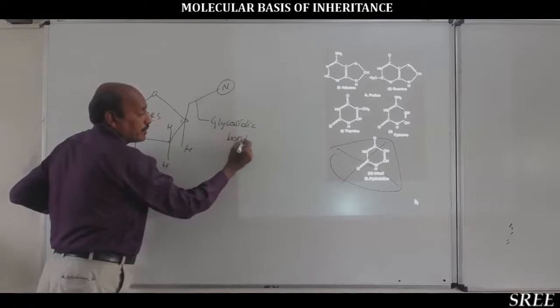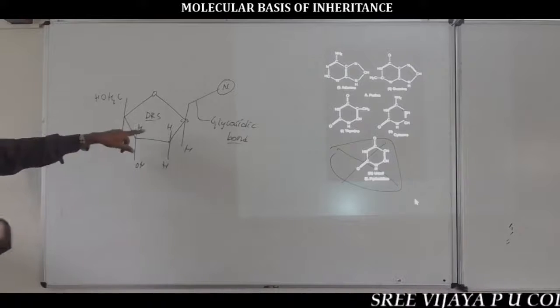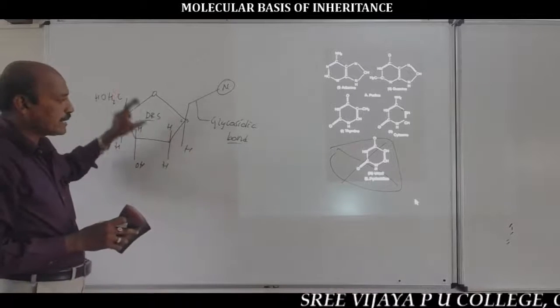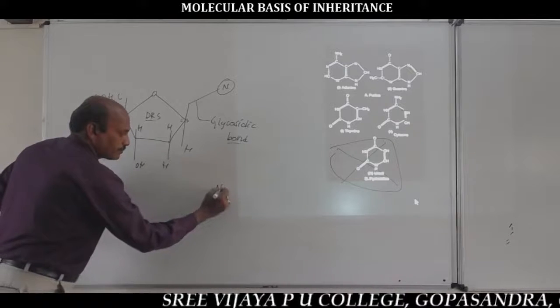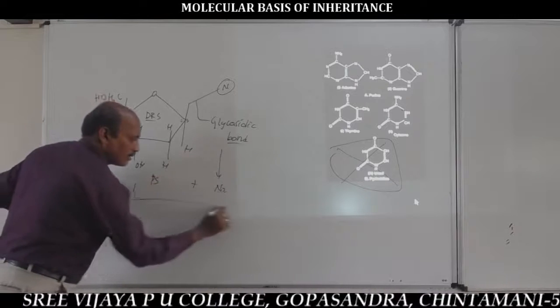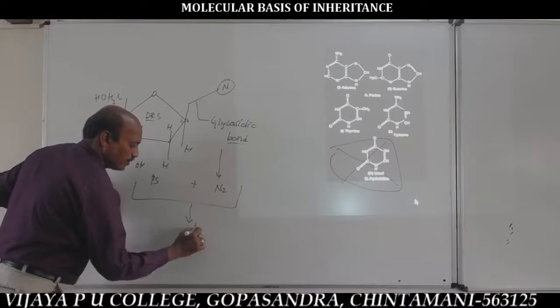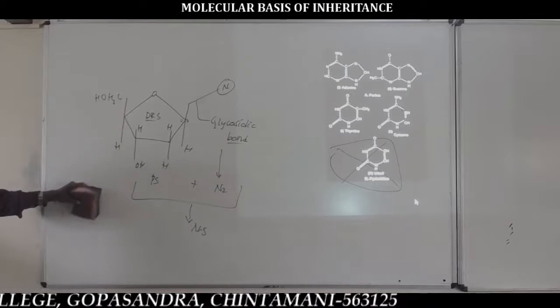The glycosidic bond leads to the formation of a nucleoside. So the combination of nitrogen base and pentose sugar together is called nucleoside. That is the name for nucleoside.